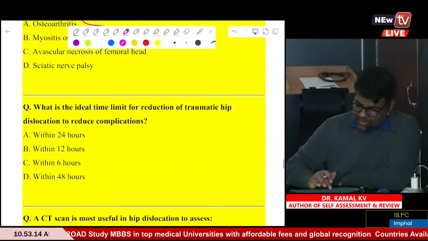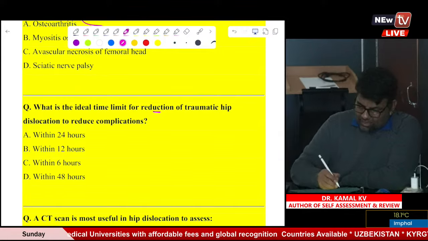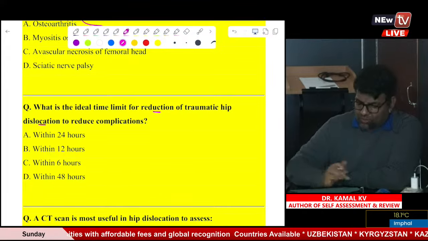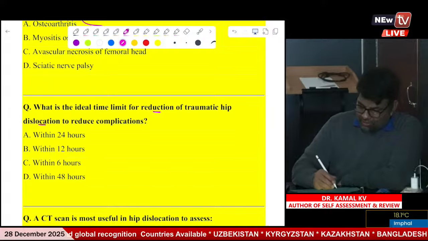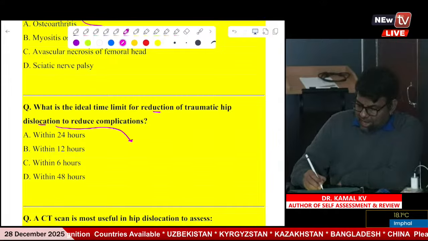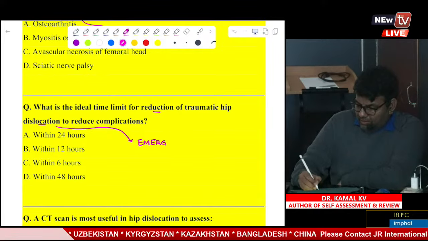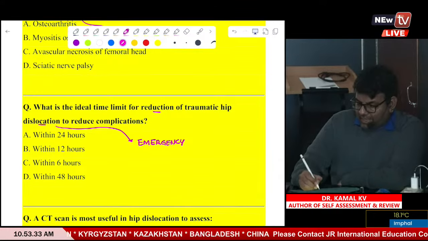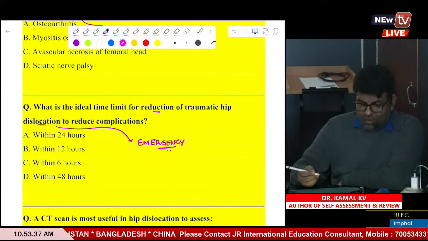What is the ideal time limit for reduction of traumatic hip dislocation to reduce complications? I told you that whenever there is dislocation, it is an emergency. How do we take it? We take it as an emergency. And for emergency, what should be?